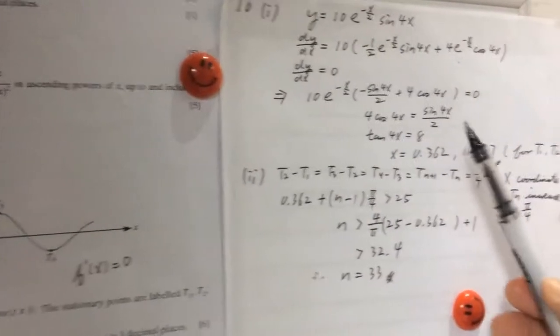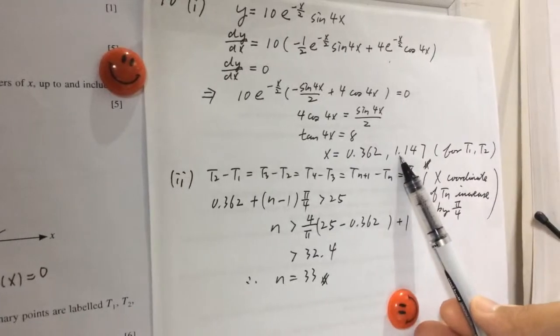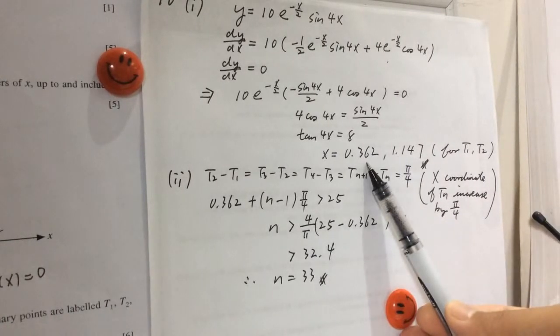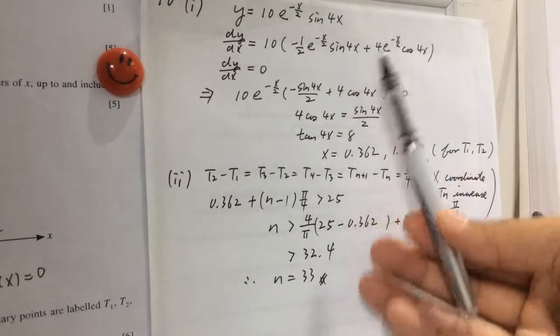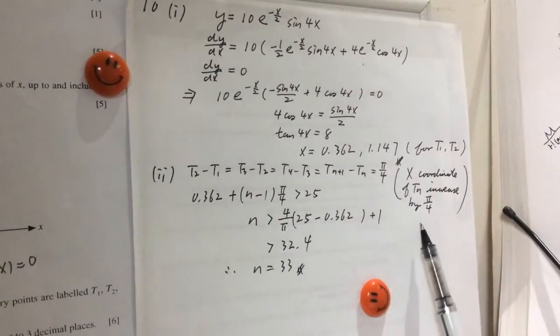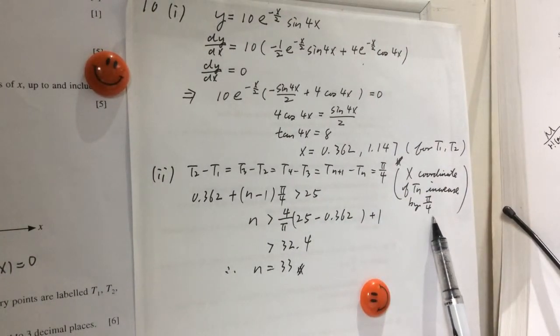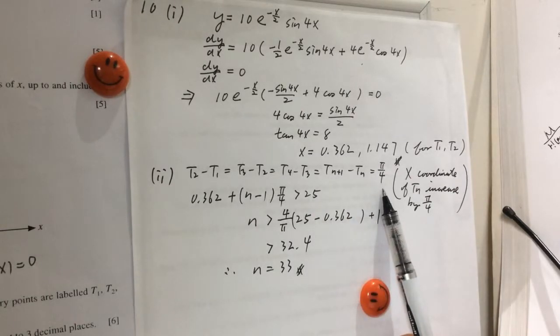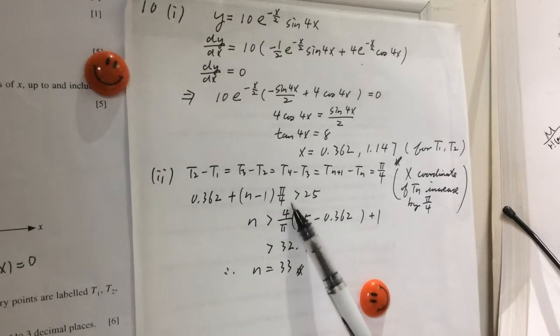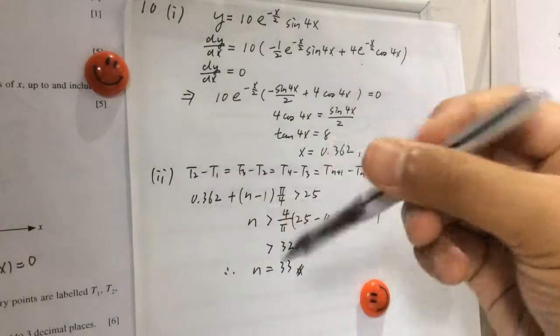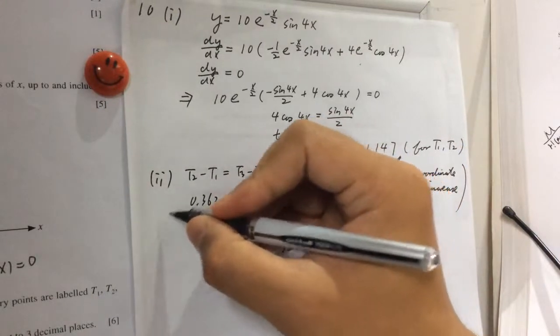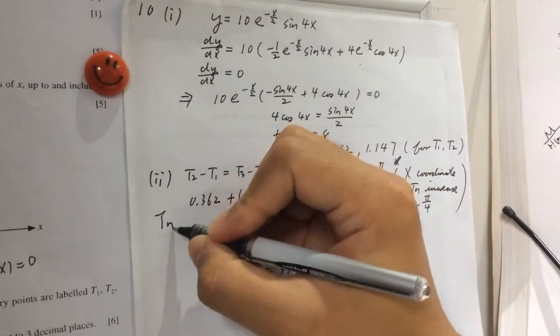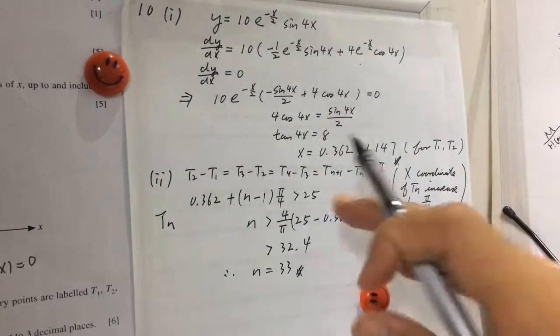So that's why we can express Tn in this form, for Tn greater than 25. From T1 plus n minus 1 times pi over 4.